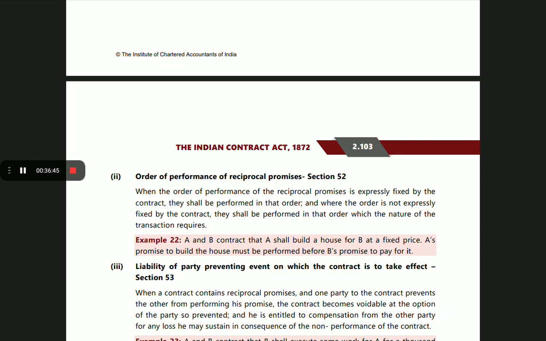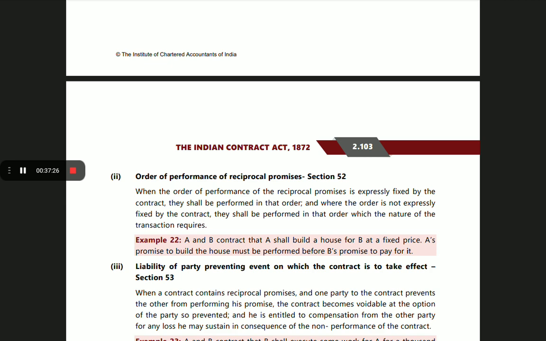When the order of performance of the reciprocal promises is expressly fixed by the contract, they shall be performed in that order, and where the order is not expressly fixed by the contract, they shall be performed in that order which the nature of the transaction requires.